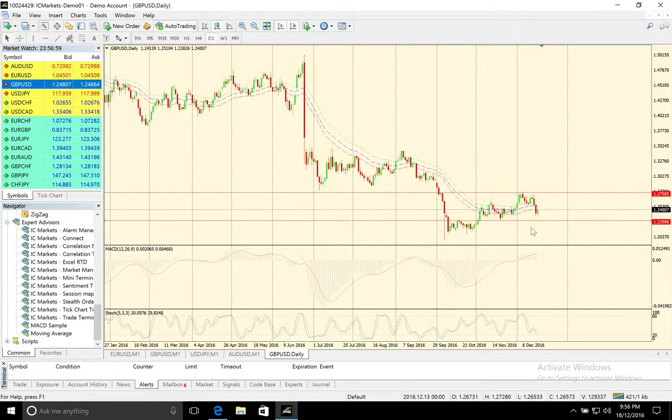So the entry will be when stochastic is going down below 20 and comes back and crosses over 20. I will check for my entry signal in this area, and if I can find any reversal bar, then that's my entry for the long-term trade.